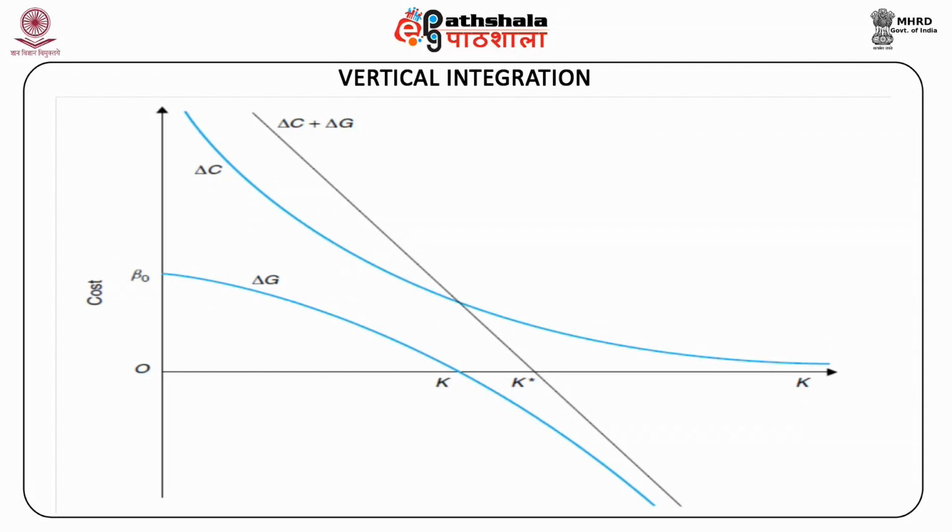The curve delta C measures the difference in technical efficiency, which is the minimum cost of production under vertical integration, CI, minus the minimum cost of production under market exchange, CM.